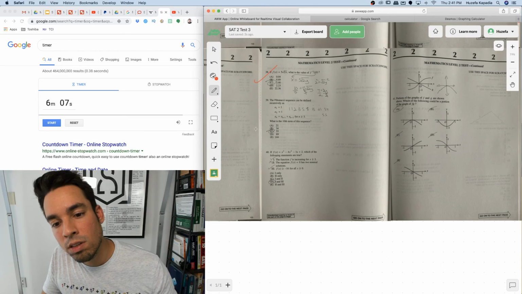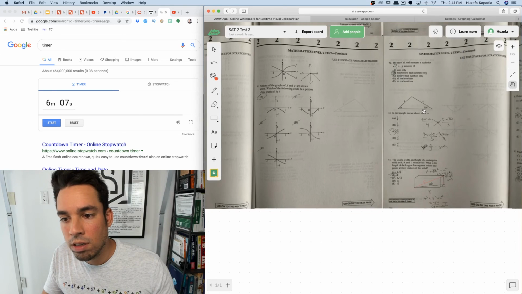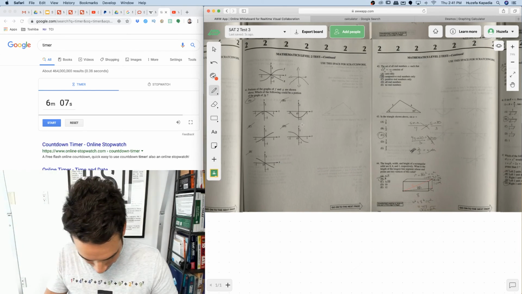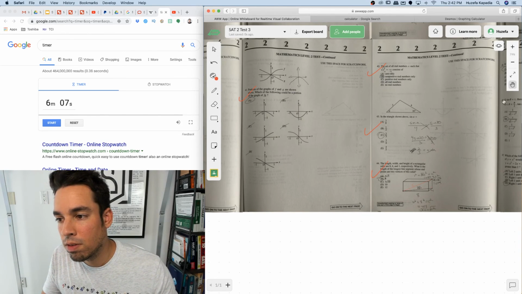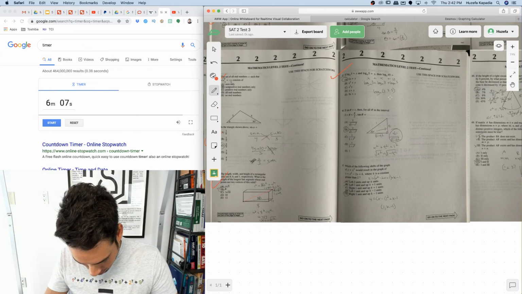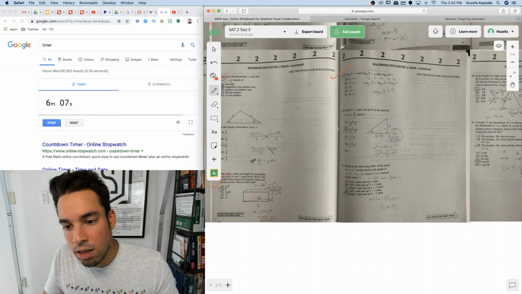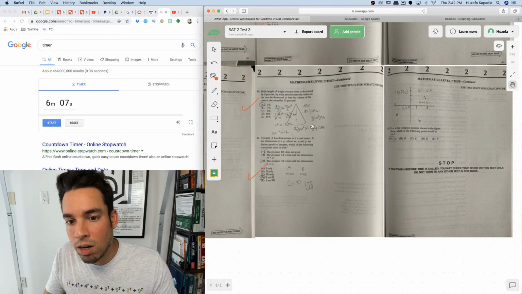Yep. 41 is ABCBA. 46, BEADA. B-E-A-D. Yes, that's the matrix one I was worried about, and I got that one right too.